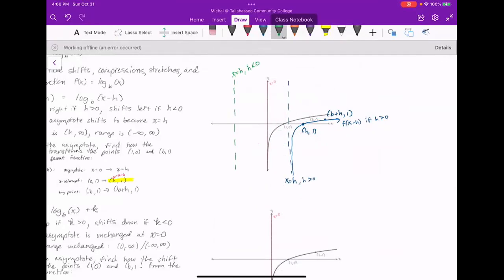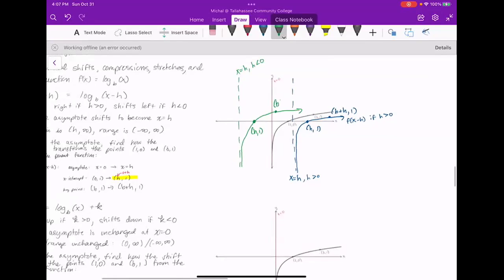When h is less than 0, I still get the exact same graph, except that my intercept is still going to be at h comma 1, and my value of my base is going to be b plus h comma 1. And so it'll just shift to the left or right, just like we've done with all of our horizontal shifts.